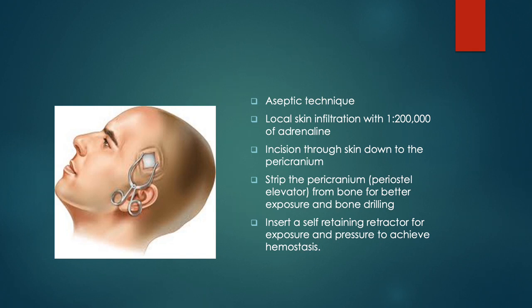So usually, using the aseptic technique, we do local skin infiltration. If you're going to do it under local, definitely you'll use lidocaine, and then we do 1 in 200,000 of adrenaline. Remember, the skull is very well supplied with blood.